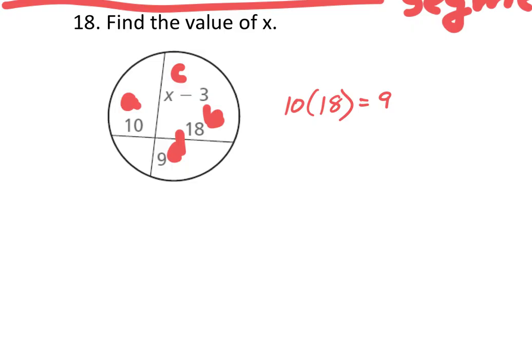I got to take 9 times x minus 3. And when I take 9 times x minus 3, I got to make sure that I put x minus 3 in parentheses. If you don't put it in parentheses, then you're going to forget to do what? What are we going to have to do here with 9? You got to distribute it, okay? If I just wrote this, most of you are going to forget to distribute, right?